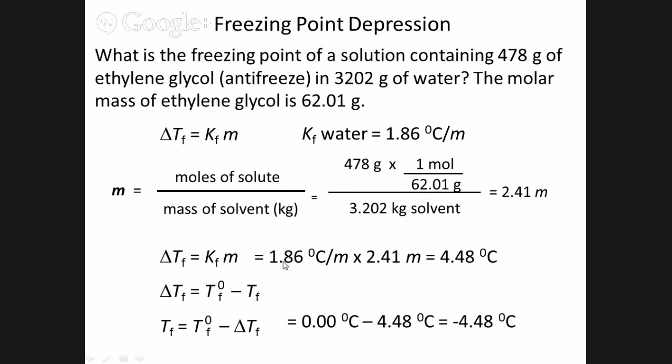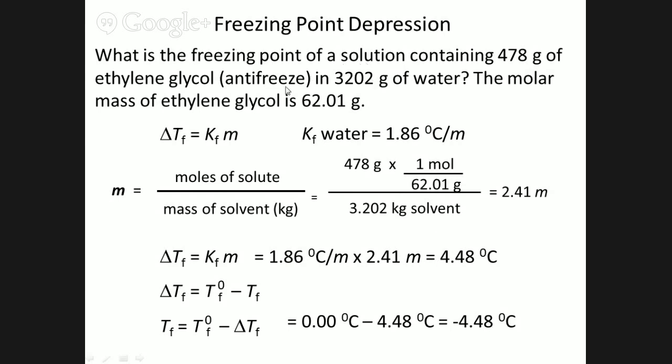The 1.86 is a constant for water. Multiply the two together, we get 4.48 degrees Celsius. In other words, we have lowered the freezing point of this material by almost 4.5 degrees Celsius. That would be about 9 degrees Fahrenheit.